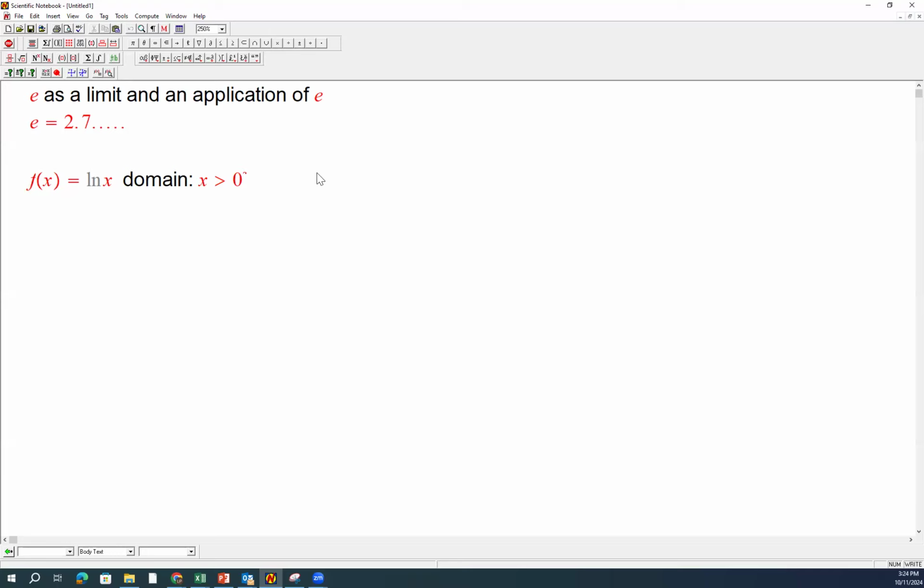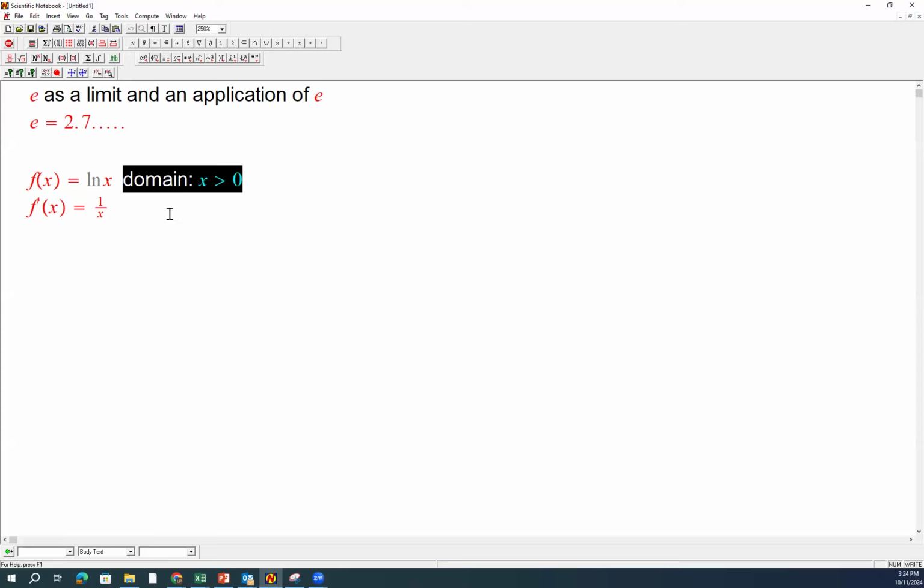Once we know its derivative, of course, we know the formula. The derivative of f of x is equal to 1 over x. And of course, the domain is still x greater than 0. The domain of the derivative is not going to be outside the domain of the function.